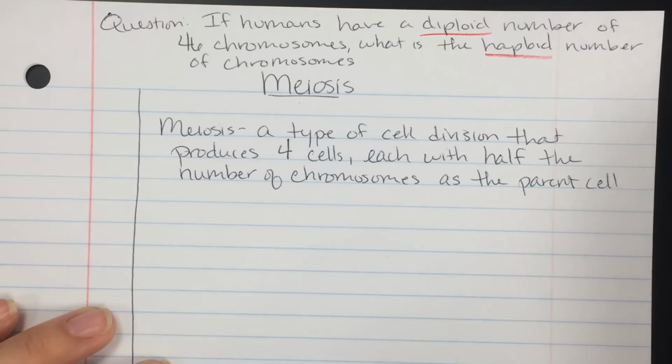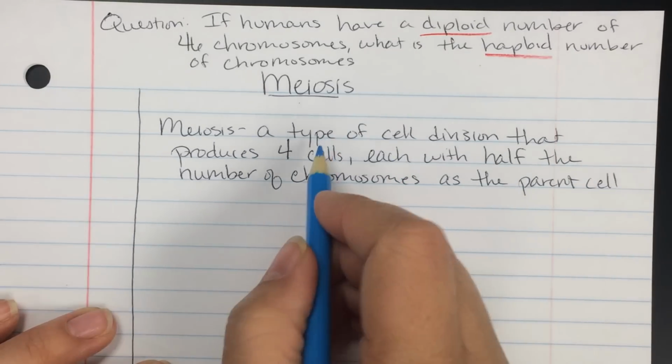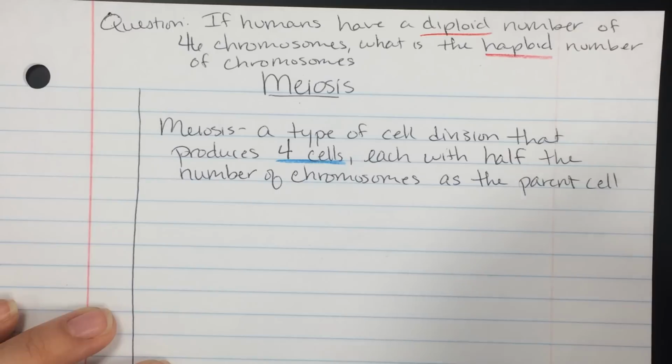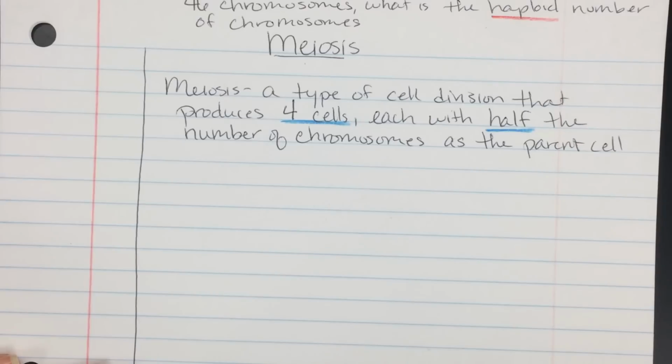So in mitosis, when we learned that, we talked about we make 2 cells with the exact same number. Here we're creating 4 cells with half the number. That's really, really important that you know that.